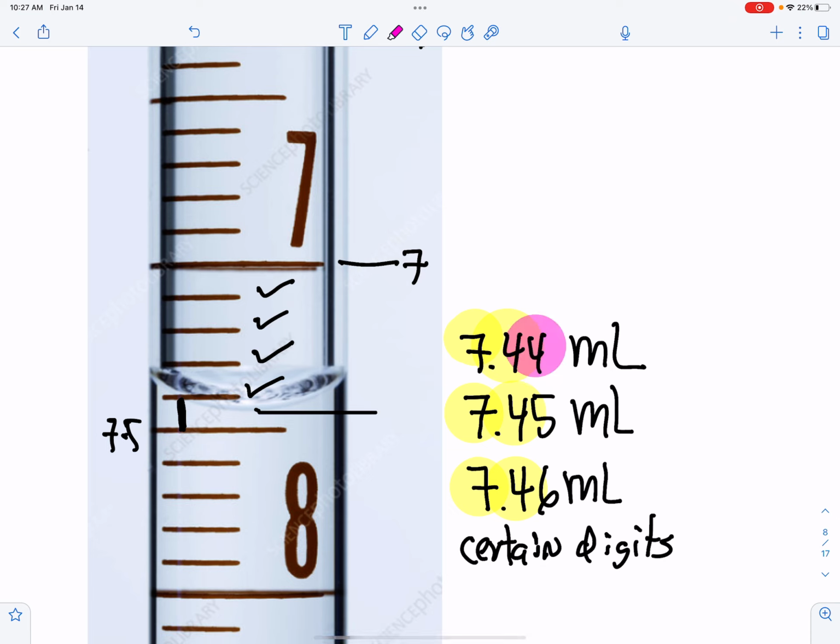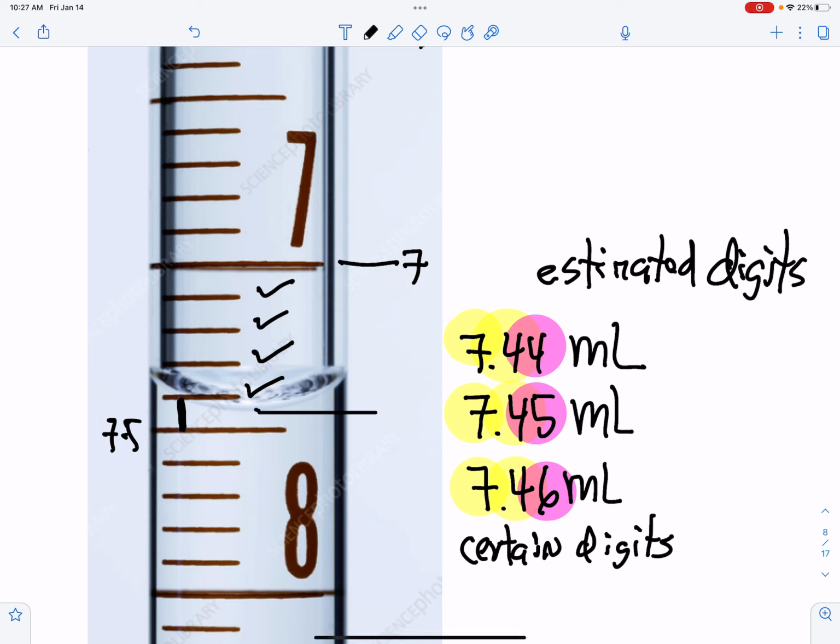The one where we're having our differences, that's what we call an estimated digit. So any measurement that you take with any instrument, the last digit is always the estimated digit.